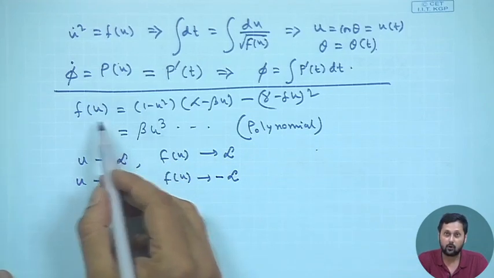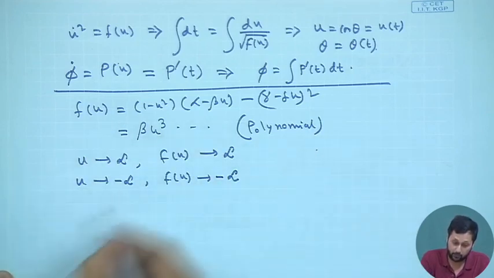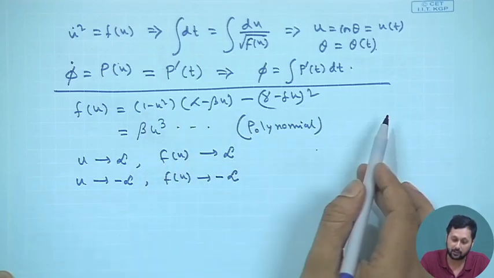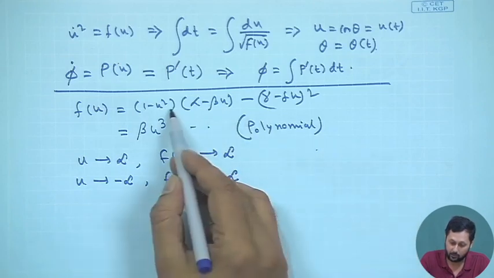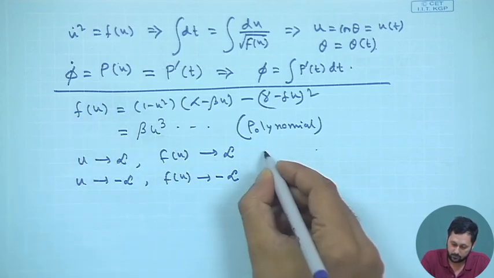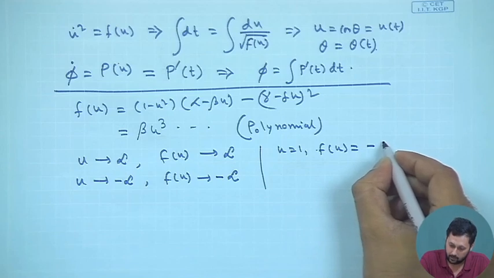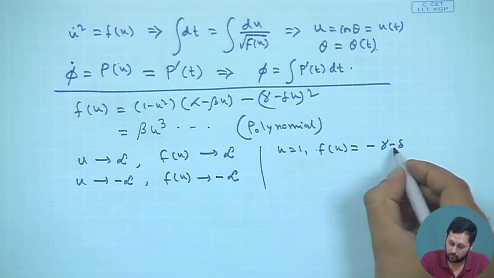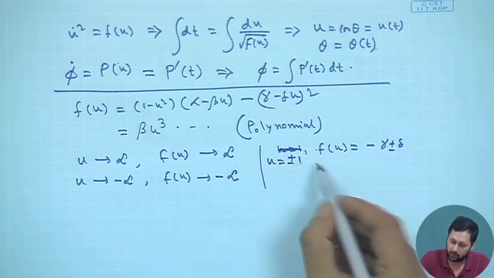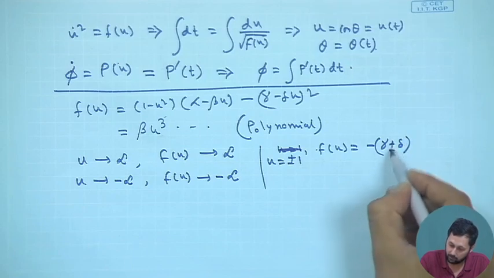If we try to draw a quantitative description of it, please understand that if you put u equal to plus or minus 1 in this expression, the first term will definitely vanish, because it is 1 minus u square, and the second term will be minus of gamma plus or minus delta whole square.